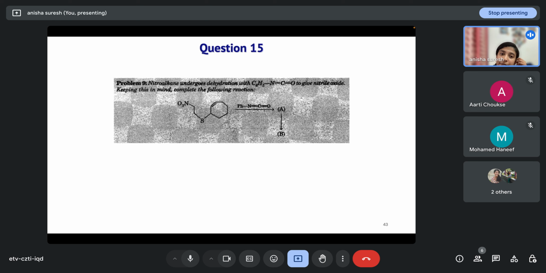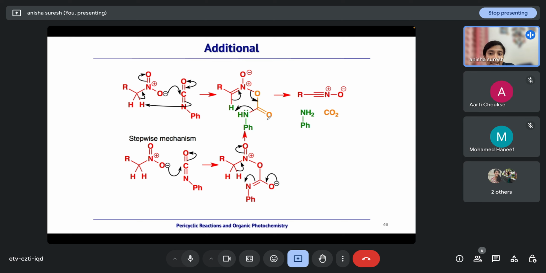Do you know the mechanism for that reaction? Nitroalkane to nitrile oxide? No, ma'am. Okay, I will show the mechanism. So it will be like this. We are having a nitroalkane and this is phenyl isocyanate.